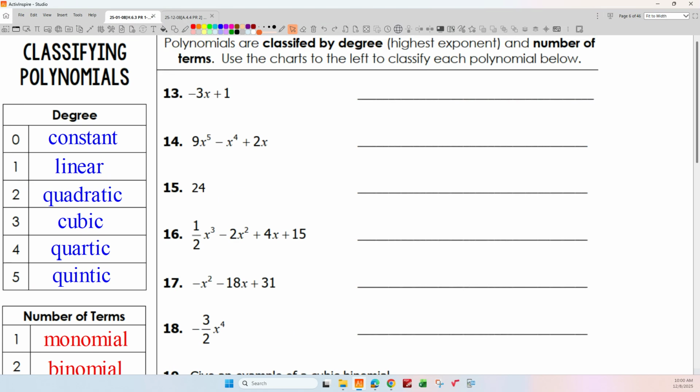So let's classify these here. What would this first one be? We want to classify by both degree and number of terms. You use degree first. So this first one would be a linear binomial. I agree. Everybody good with that? What about the next one?